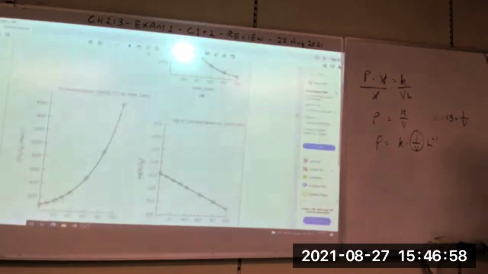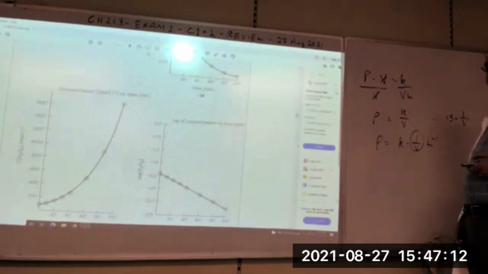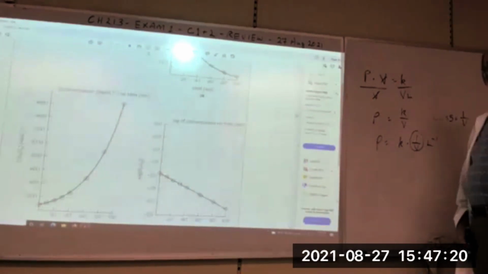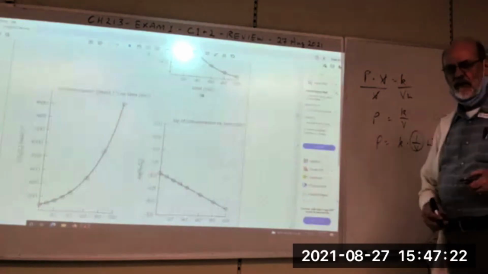Let's see. What are we doing here? Oh, another possibility. You can do log transformations. And let's see. Yeah, we might do that. We'll get into the log when we talk about kinetics.